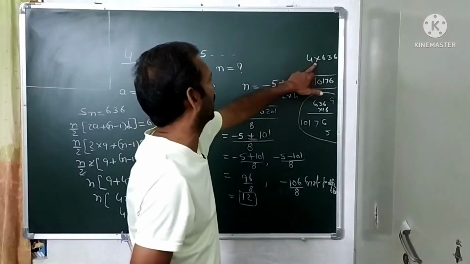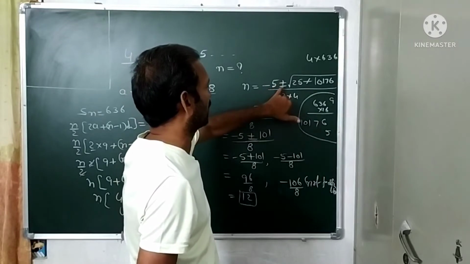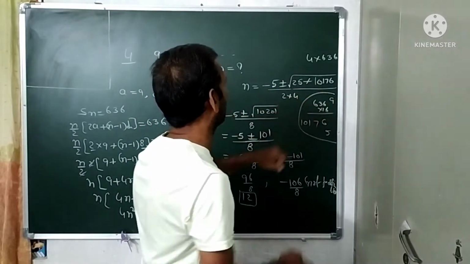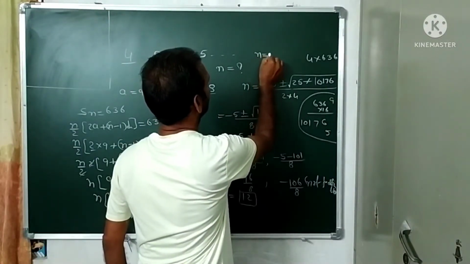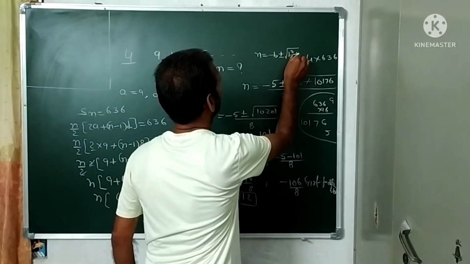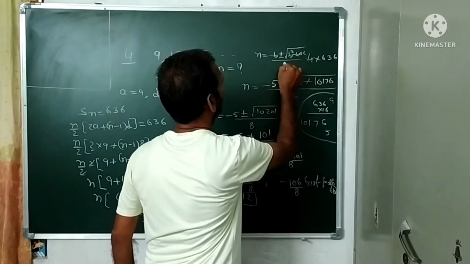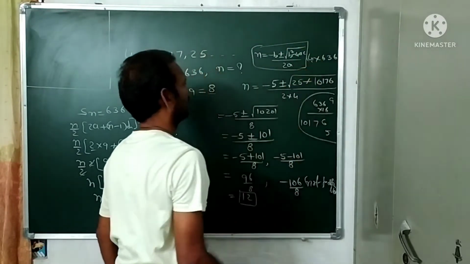Normal way you do not get it. That's why I am using the quadratic formula: n is equal to minus b plus or minus root of b square minus 4ac by 2a. This formula I am using, it will come in quadratic equations.